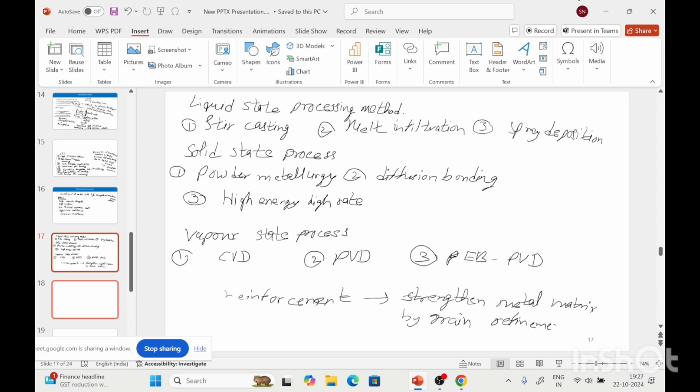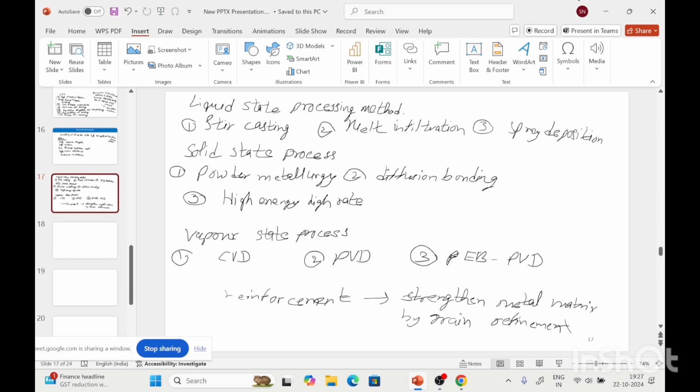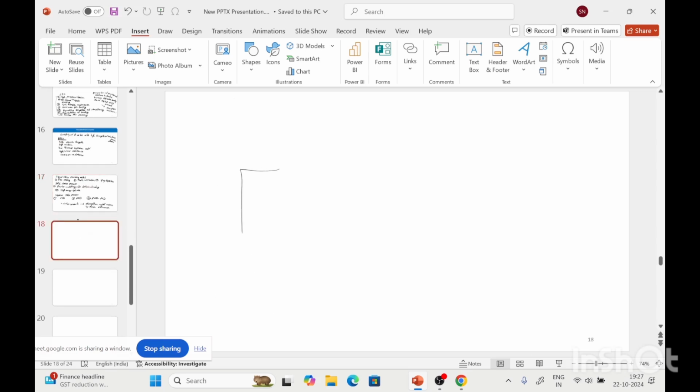First is the theory that when the composite is subjected to a force, the crack present in the reinforcement is stopped by the ductile matrix.